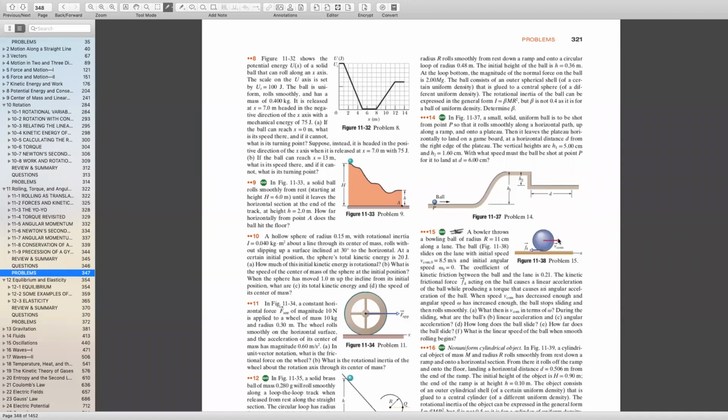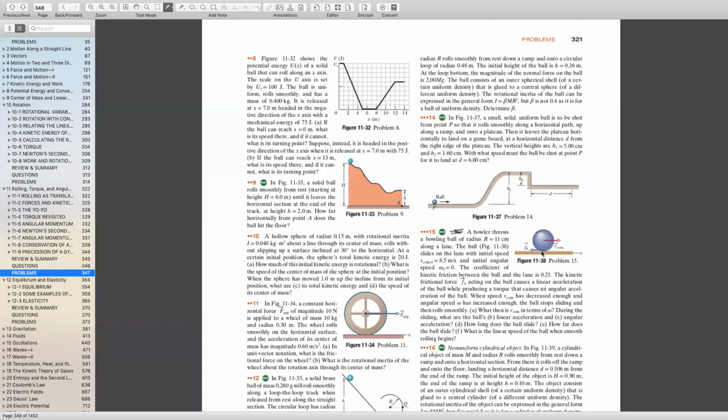So basically the ball is going to roll and stop sliding. What is v in terms of omega? During the sliding, the ball at first has a linear velocity.